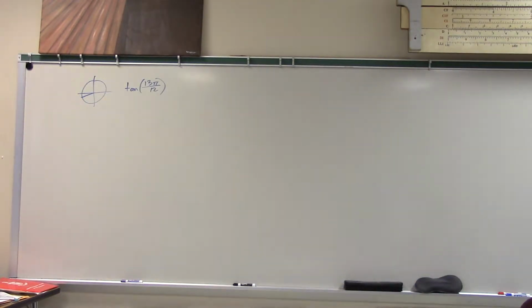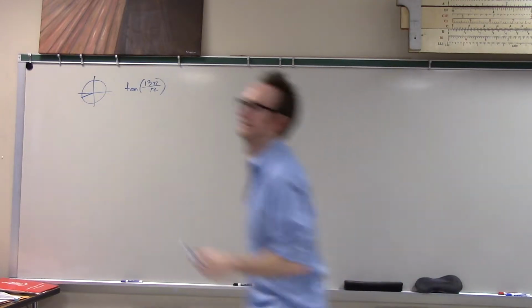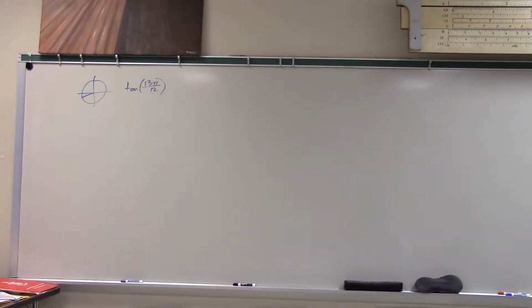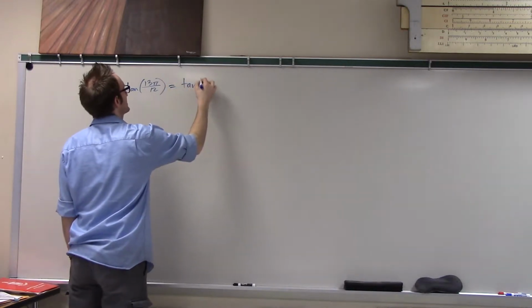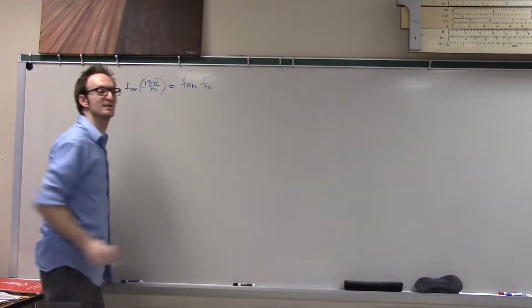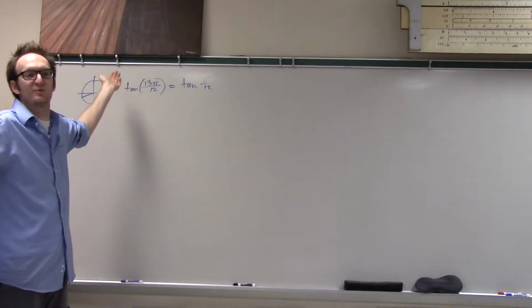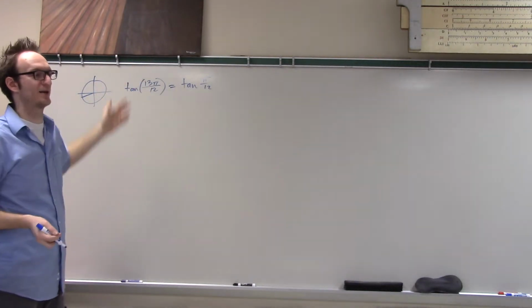Easily fixed. Okay, so tan 13 pi over 12 is basically the same thing as tan of pi over 12. So I just wanted to see if maybe you noticed that, right? It doesn't really make it particularly easier, but I don't know, kind of makes it easier.